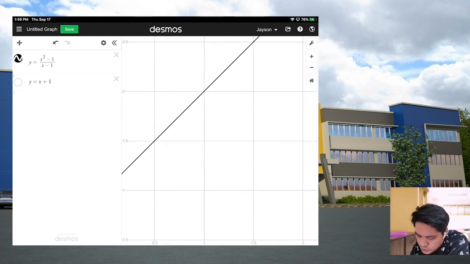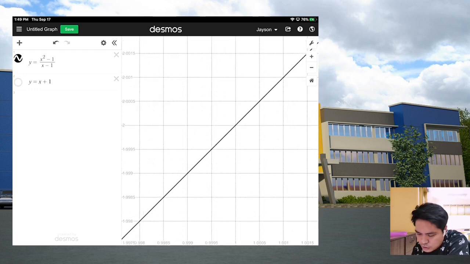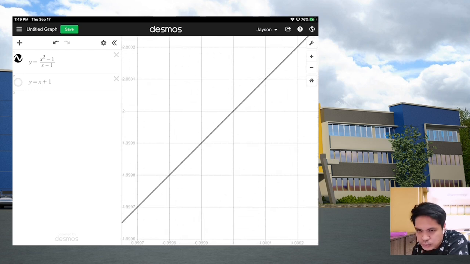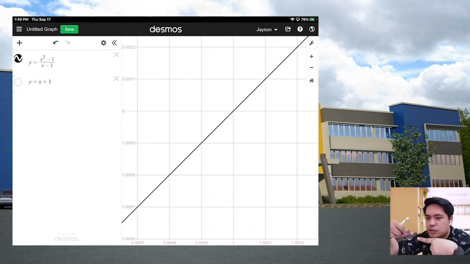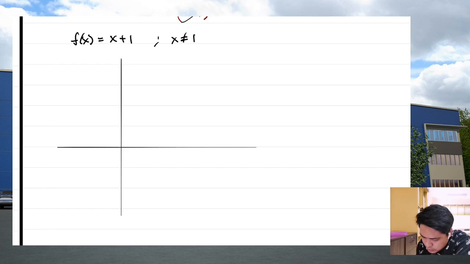So if we zoom this in infinitely, meron siyang maliit na butas. It is disconnected, parang nakadikit lang siyang ganun, but it is not continuous. Apparently it's just a straight line. Pero actually at the point x equal to 1, let us zoom that in.